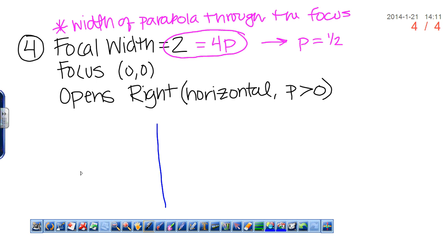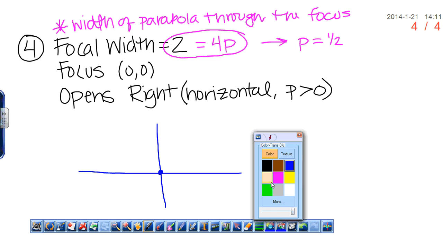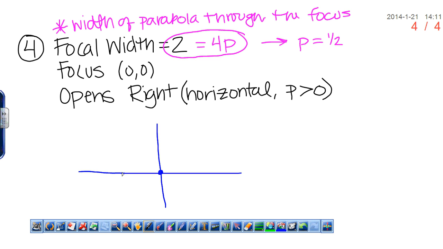We've got a focus at 0, 0. And we know our parabola opens to the right, which means this must be my axis of symmetry, and my parabola has to look something like that. Do you agree? All right, so I've got to find my vertex. What am I going to use to find my vertex?